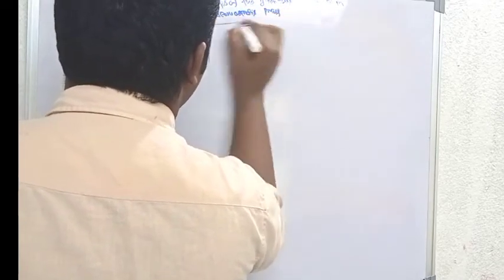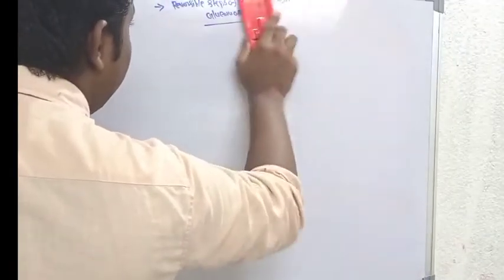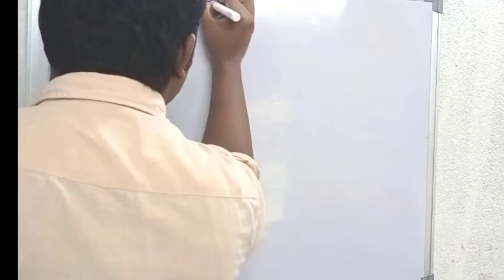Gluconeogenesis is the formation of glucose from non-carbohydrate sources. So this is the actual glycolysis.